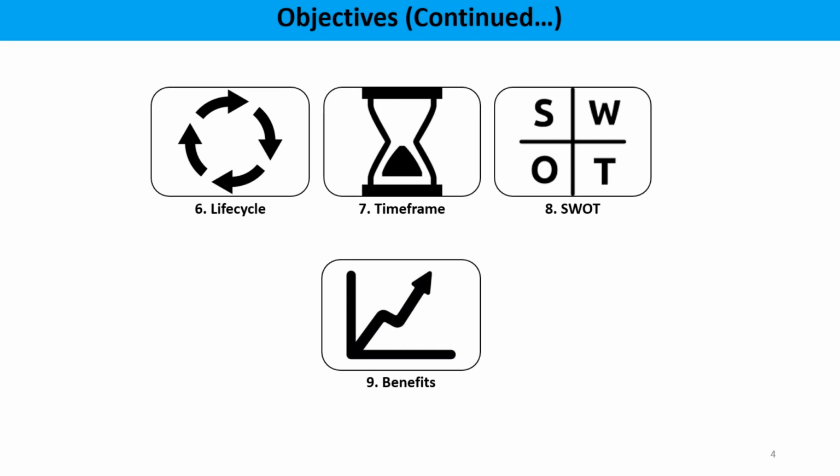The 7th will be the time frame, how much time you can give to develop or deploy something. Then the strengths, weaknesses, and objectives of Automation Anywhere, and the last one will be benefits. After all, we all are working for benefit, whether it is a benefit for the organization, for yourself, or for the client. We'll see what those are.